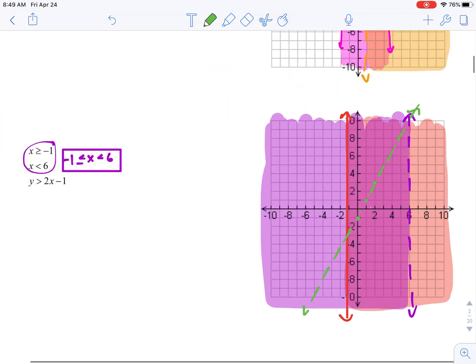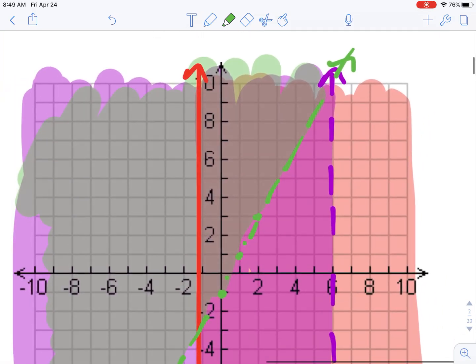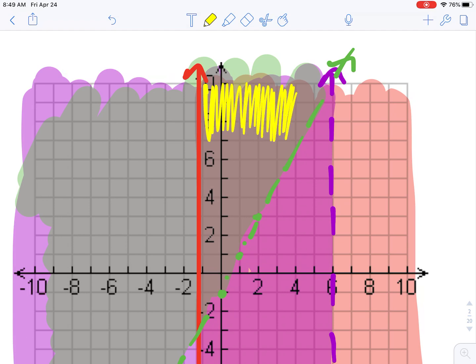And the inequality said greater than. Greater than means find where it touches the y-axis, and we're going to go up, and that shades this half of the grid. And our overlap is going to be this triangle over here that I will shade in yellow. It's kind of nice to be able to use the iPad for things like this because we have lots of different colors we can use.